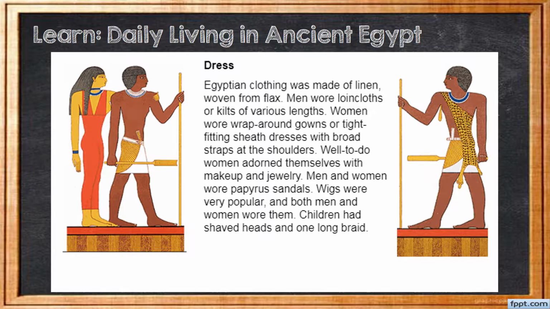Men wore loincloths or kilts of various lengths, and women wore wraparound gowns or tight-fitting sheath dresses with broad straps at the shoulders. Well-to-do or wealthy women would adorn themselves with makeup and jewelry. Men and women wore papyrus sandals. Wigs were very popular, and both men and women would wear them. Children had shaved heads and one long braid.